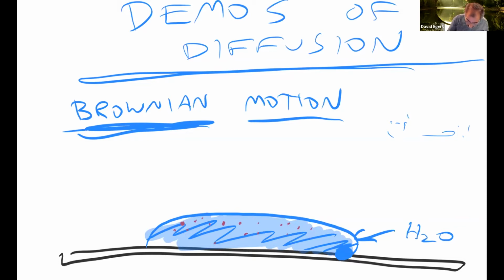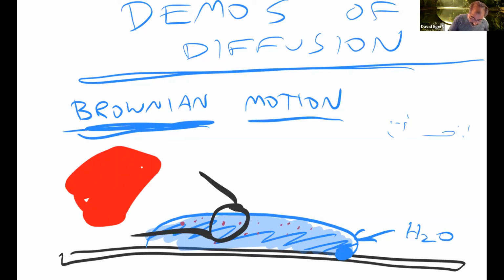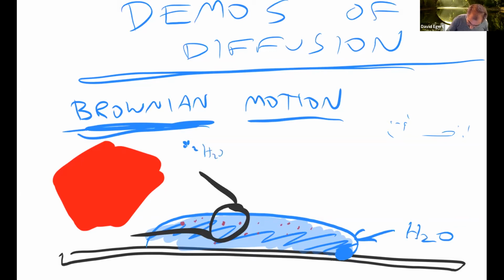If we zoom in to the viewpoint of Maxwell's demon, something that can actually see atoms and molecules, you can't actually see this, but let's say my tiny little crystal is like this, and I have my little H2Os around it. Each of these little H2Os is in motion and whacking off the side of this thing.